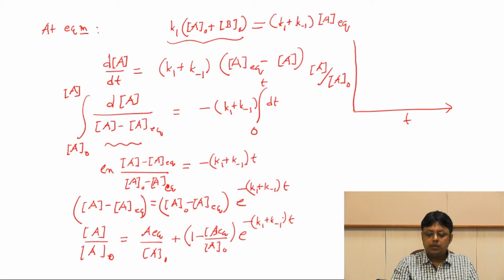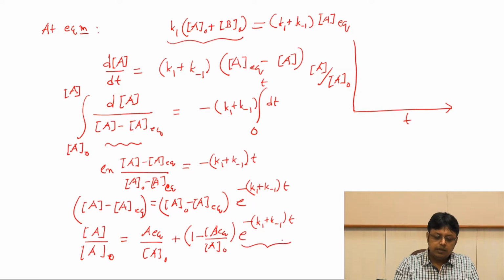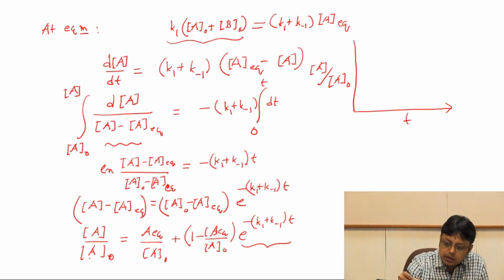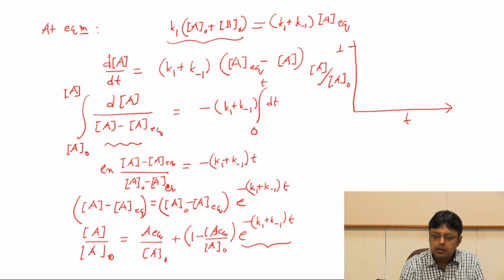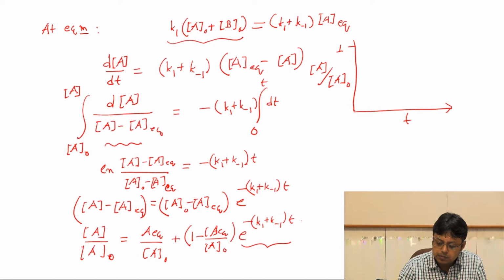Now when time is equal to 0, this term is equal to 1, and then we see that it is equal to A0 itself. So A by A0 will be equal to 1, and with respect to time it will just fall. Now when time is equal to infinity, you can easily see that this term will be 0, because it is in the exponential term, at a very long time.